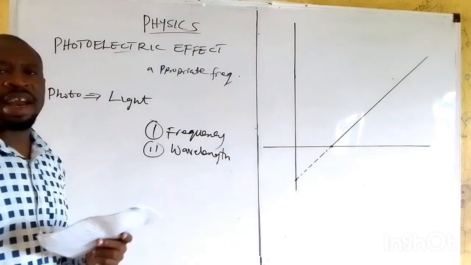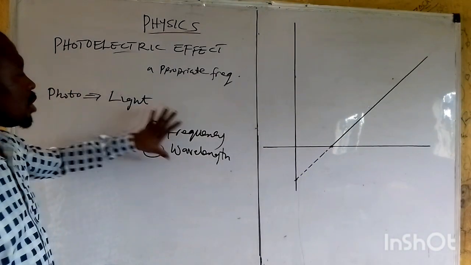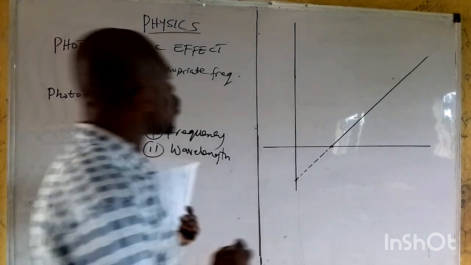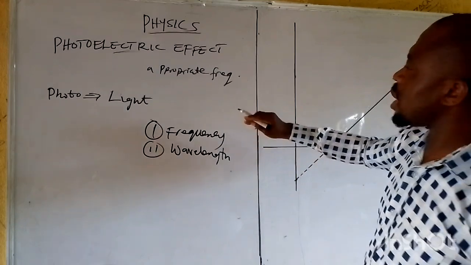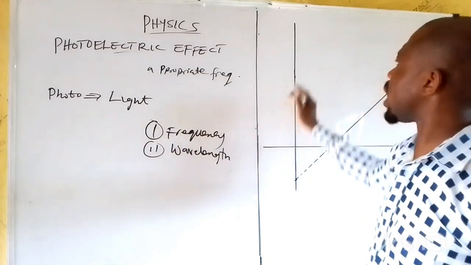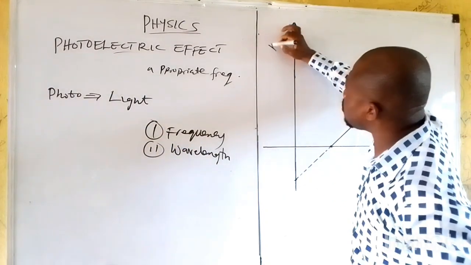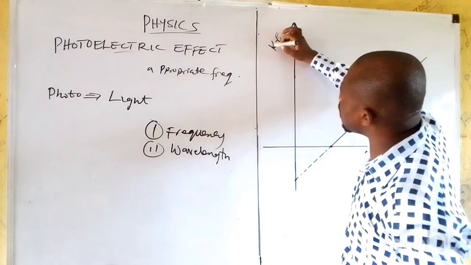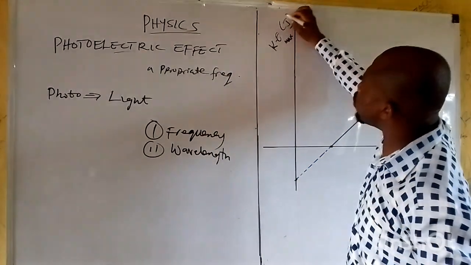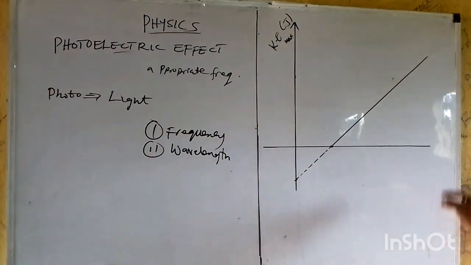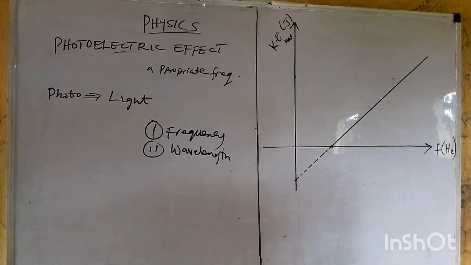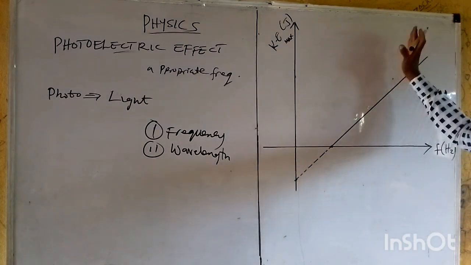Now, the maximum kinetic energy of an electron depends on these two. Now, we look at the kinetic energy. If you plot a graph of maximum kinetic energy in joules against frequency in hertz, we'll obtain this graph here.